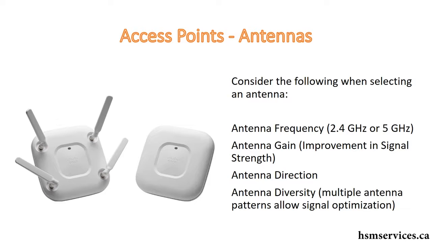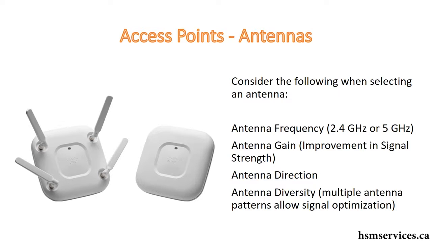By how many decibels is your signal strength going to improve? The third thing is the direction. And the direction is important because different antennas have different shapes, and therefore they can point the signal at different areas of the room or the building, depending on the solution that you're trying to achieve.